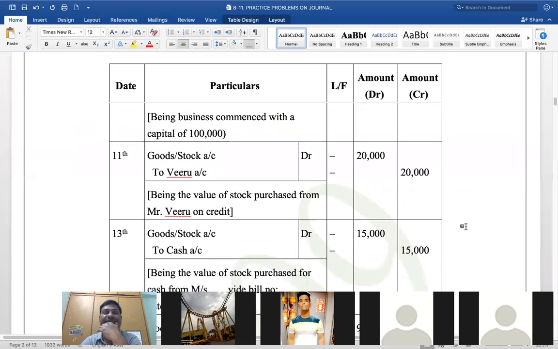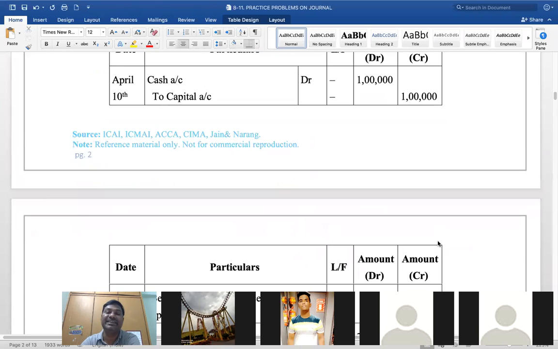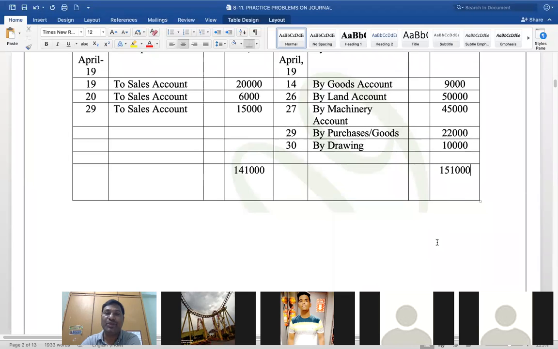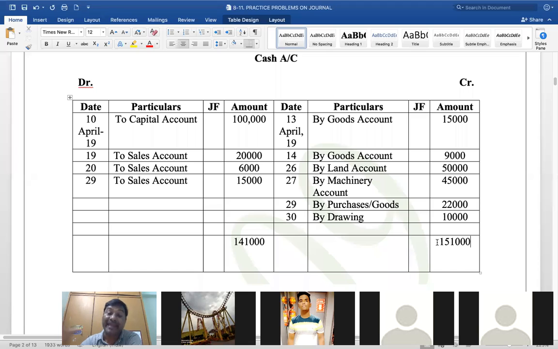The problem is the data is incomplete, technically insufficient. Our cash account shows the credit side more than the debit side. How can you say the data is insufficient?